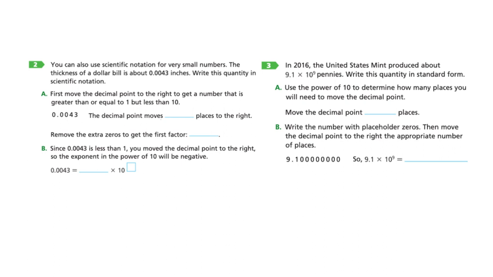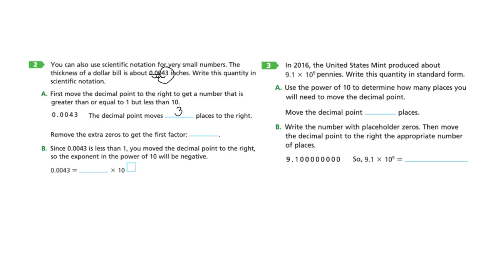So A tells you first move the decimal point to the right to get a number that is greater than or equal to 1, but less than 10. So this time you're moving the decimal point this way, 1, 2, 3 places. So it moves 3 places to the right. So you're always moving the decimal point whichever way you need to get that number greater than or equal to 1, but less than 10.